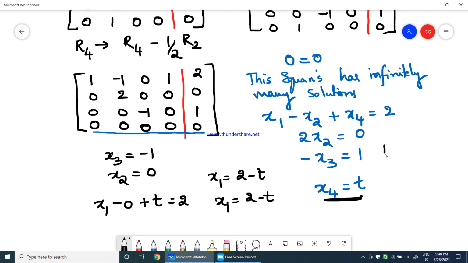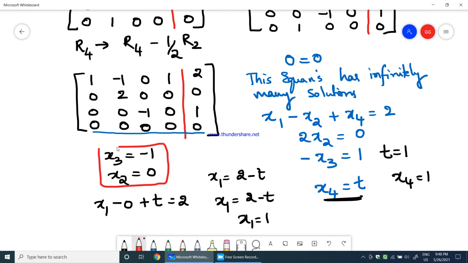So when t is assumed to be 1, then we get x4 equal to 1, and x1 will be 2 minus 1, which is 1. So these are the 4 solutions that we can get in this particular problem when you see the condition of infinitely many solutions.